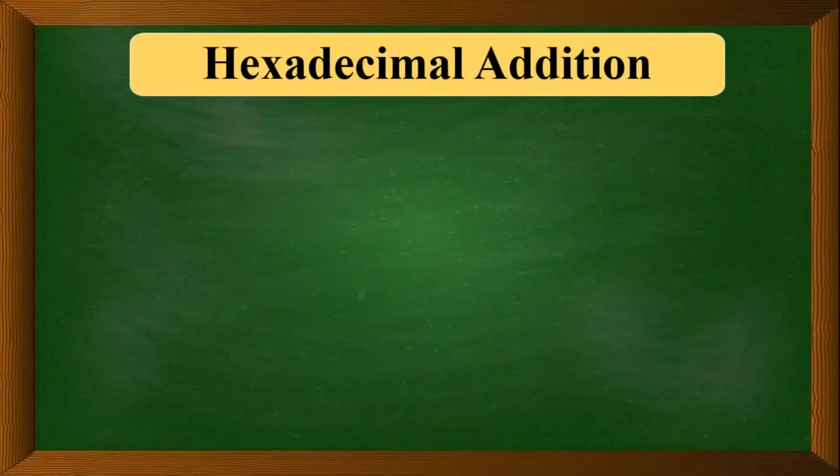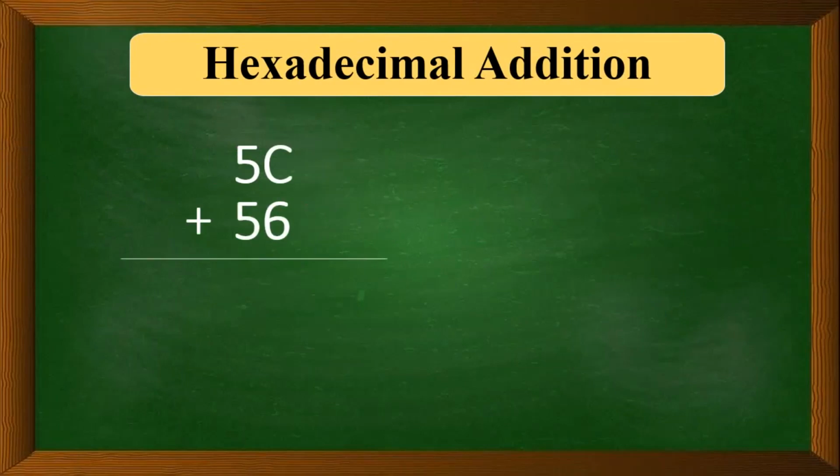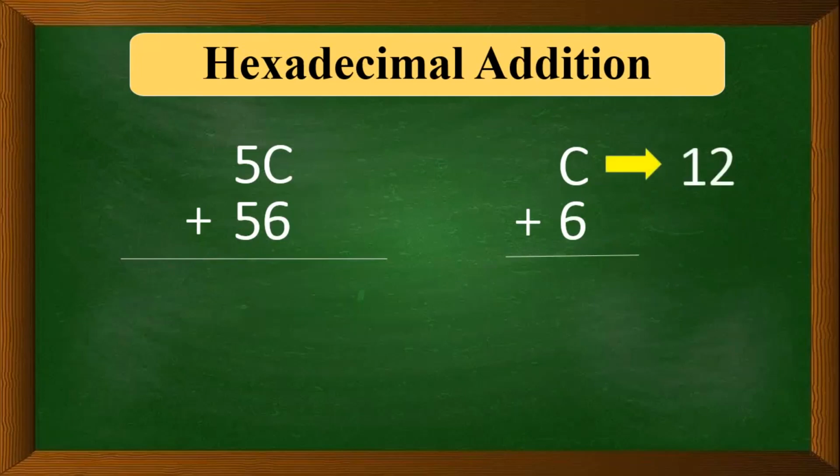Now hexadecimal addition. Here we take two numbers 5C and 56. These numbers are hexadecimal numbers. In the first step, C plus 6. Here what is the value of C? C is 12.